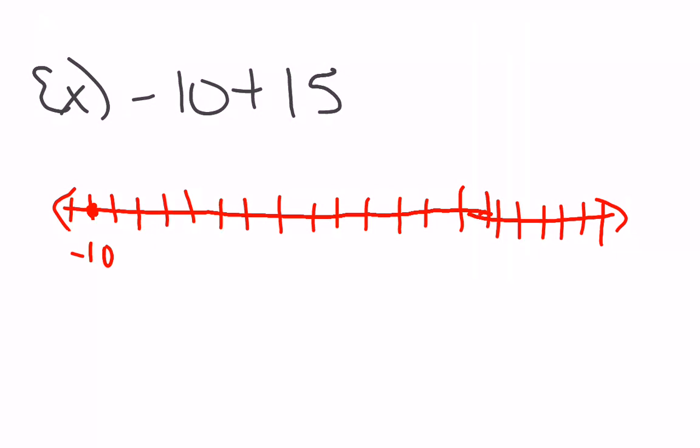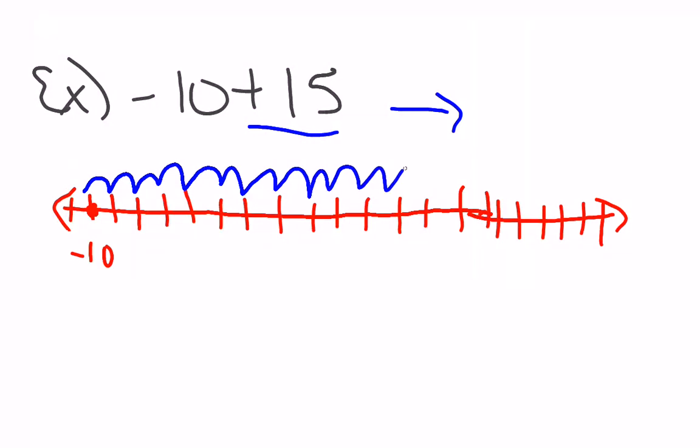what that means is we're going to start at negative 10 and it says to add 15. So add means we're going to go towards the positive 15 spaces. So we're going to do 15 hops. 1, 2, 3, 4, 5, 6, 7, 8, 9, 10, 11, 12, 13, 14, 15. So we land here. We need to know what number that is.